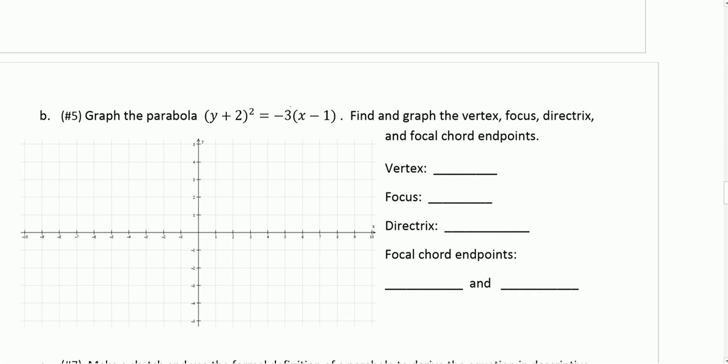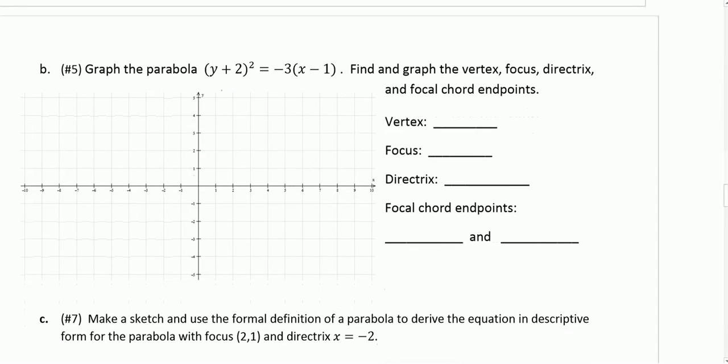Don't distribute that negative 3. Instead, I'm going to switch things around, and I'm going to write it above here. So I'm going to put negative 3 in parentheses x minus 1 is equal to y plus 2 squared.